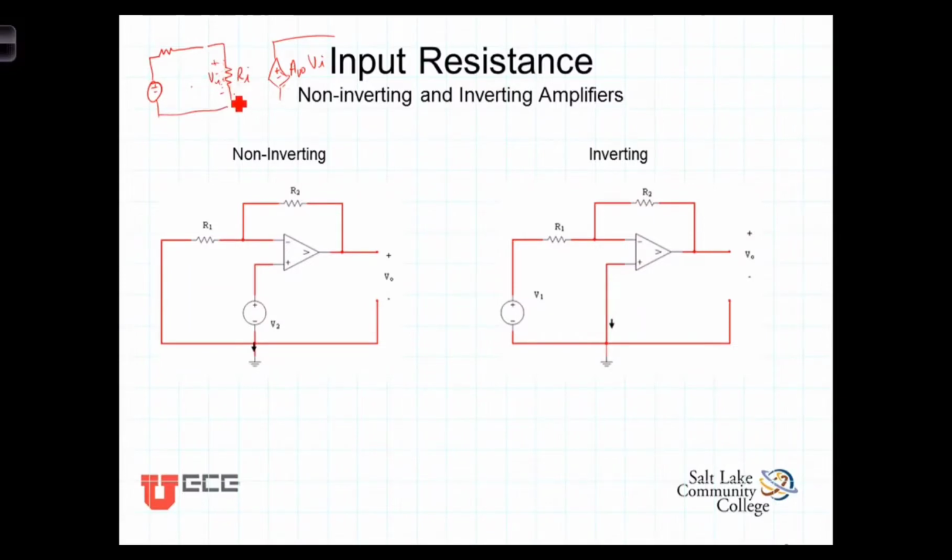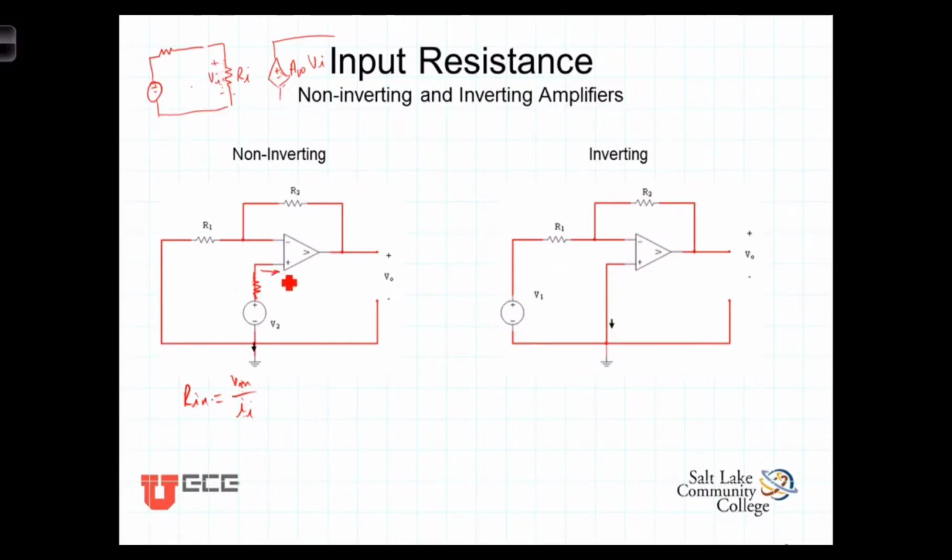So what we want to look at is, what are the input resistances that these sources see in both the non-inverting and the inverting configuration? Well, our input resistance is just equal to the input voltage divided by the input current. Now, in this case, V2 is our input source, our signal, and we haven't shown a resistance, but in all likelihood there is a source resistance associated with it.